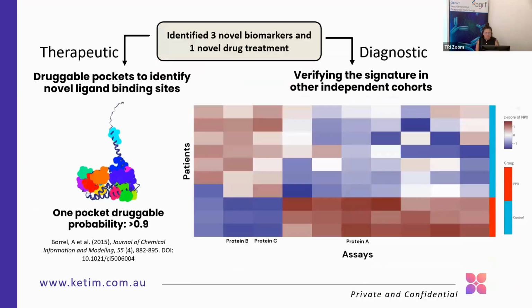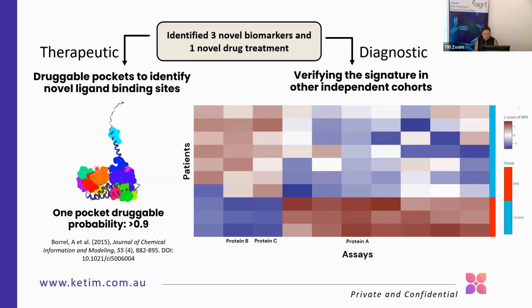So what can I do with that data that I just discovered? One of the things that I think Ben had mentioned earlier on is that the nice thing with proteins is that we can start to look at druggable pockets. Druggable pockets is something pharma might actually be interested in, because you've got a protein, but can we actually target it? Can we actually drug it, right? There's no point finding a protein if there's no drug target, nothing that can actually attach to it.